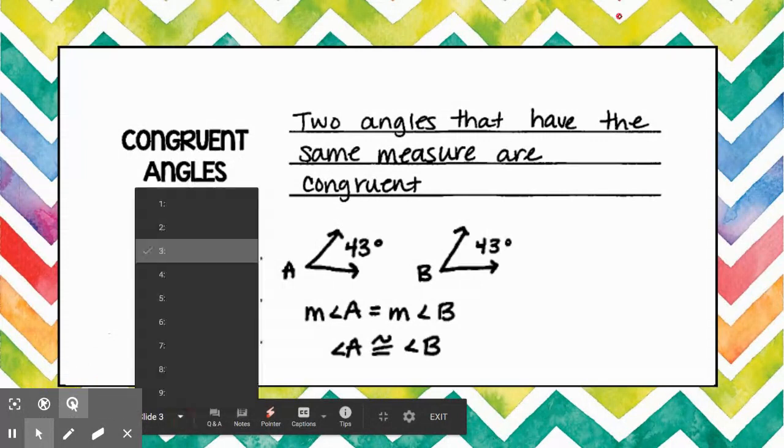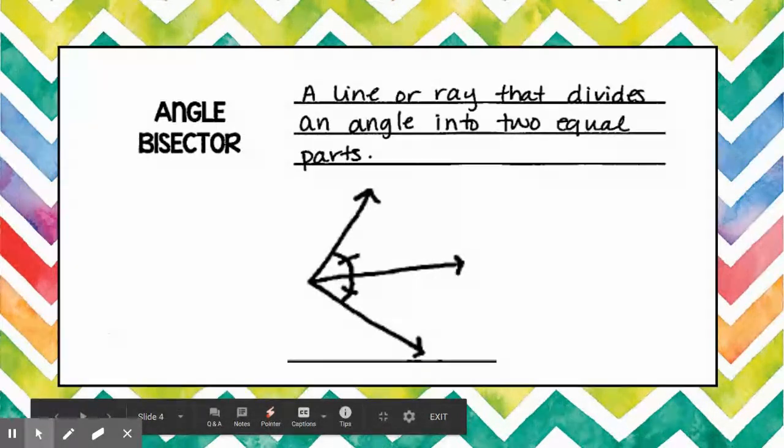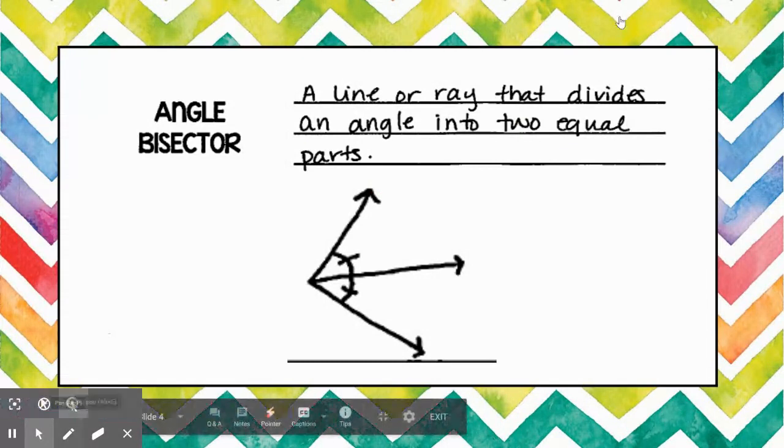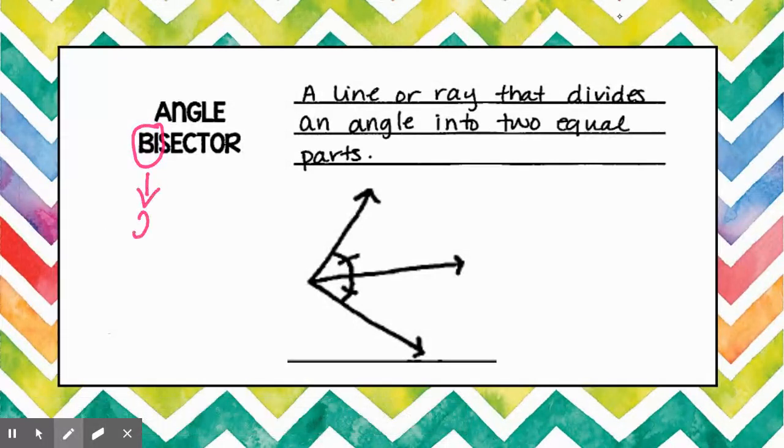Let's go to this next slide. Angle bisector: a line or ray that divides an angle into two equal parts. So when we're talking about bisectors, just remember this BI. BI stands for 2. And when it's 2, it has to be two equal parts.